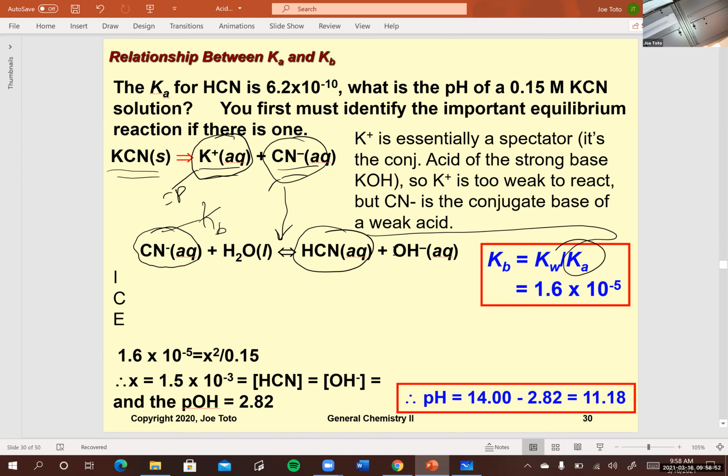And sometimes in that ice table, like the one that's written here, we can fill this out. And as soon as you fill it out, you see that the X that you're going to solve for is not directly connected to the pH, but it's connected to the pOH because it's the hydroxide concentration.